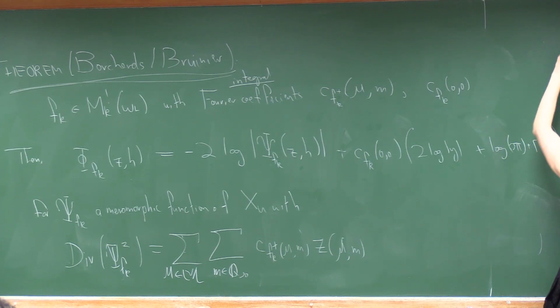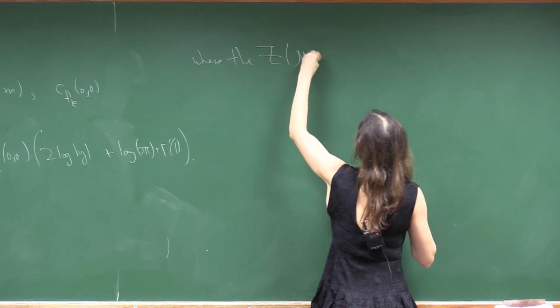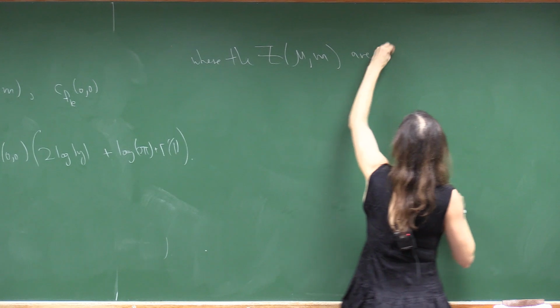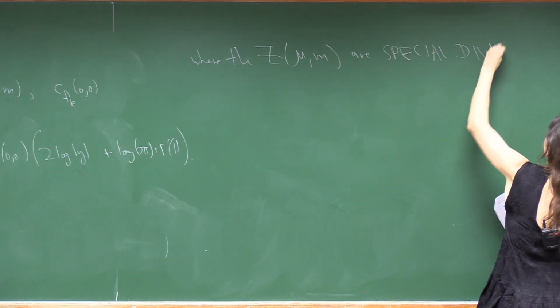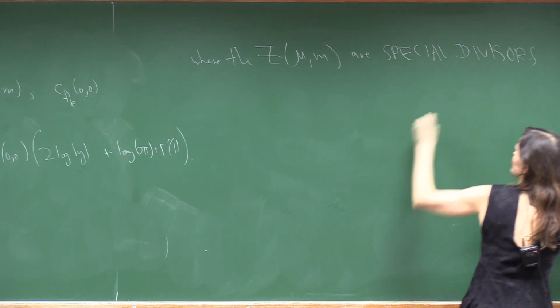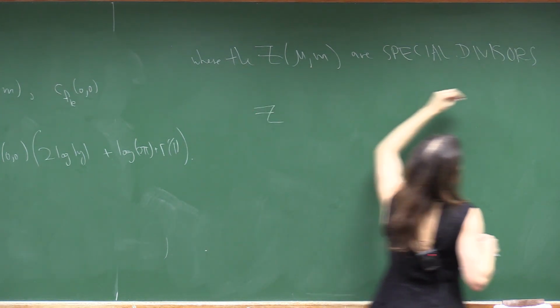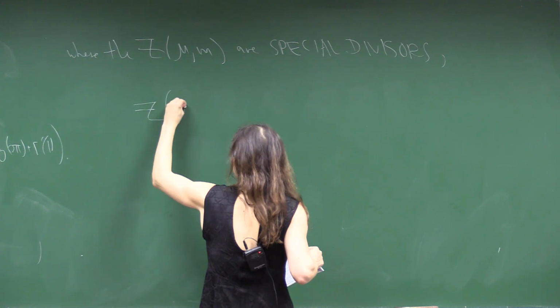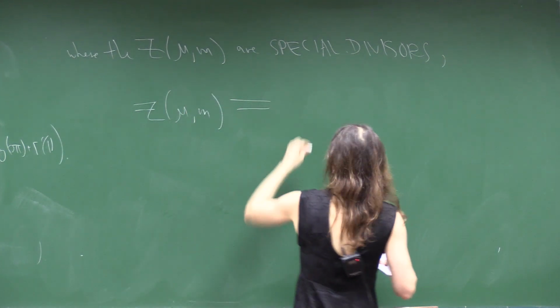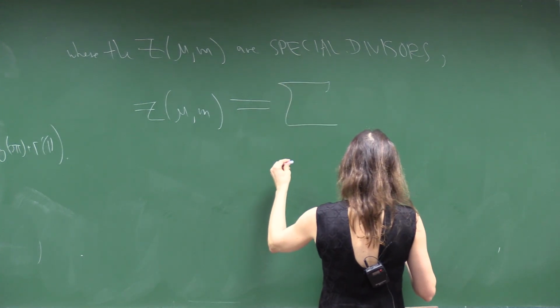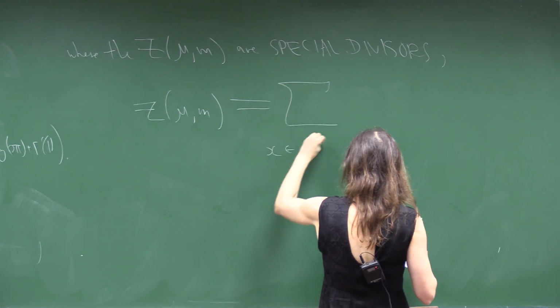where the ZFK are special divisors of the following type. So these will be given by some sort of sum over x in a set of this form.